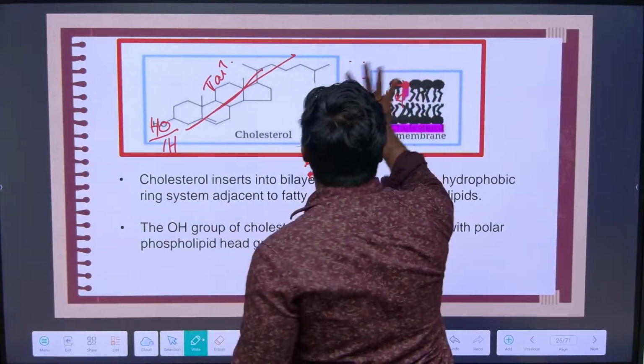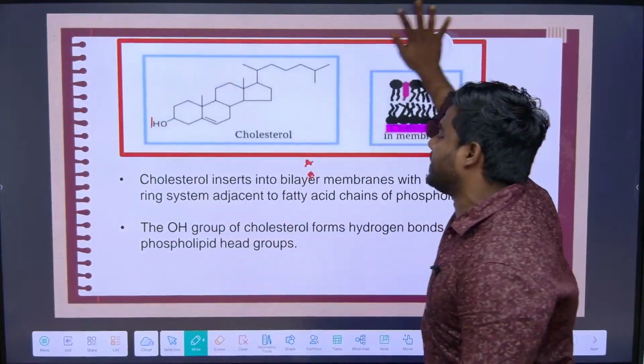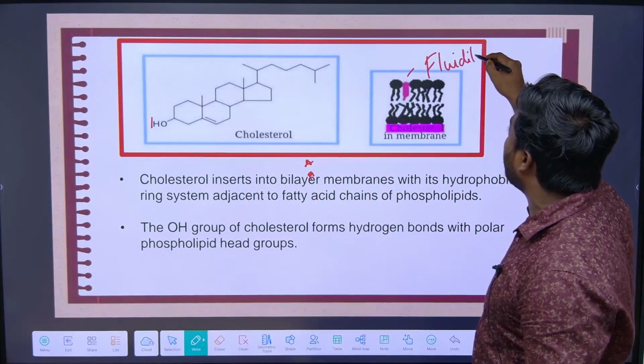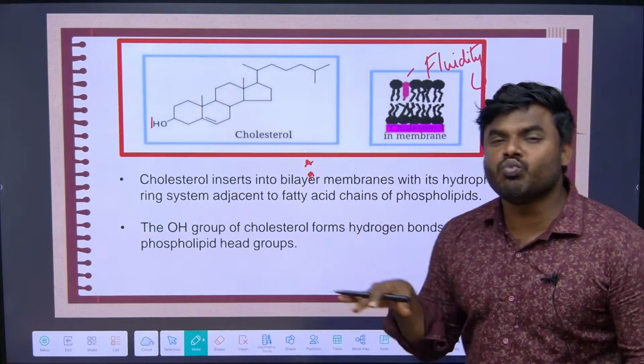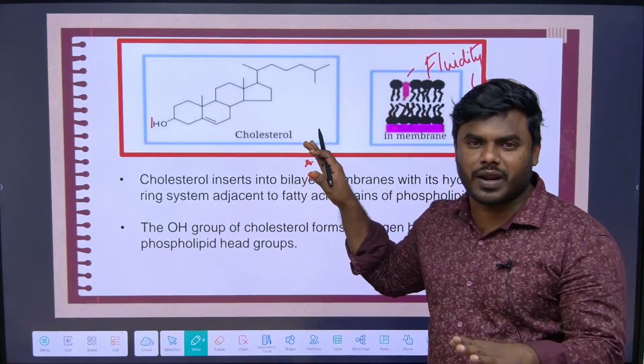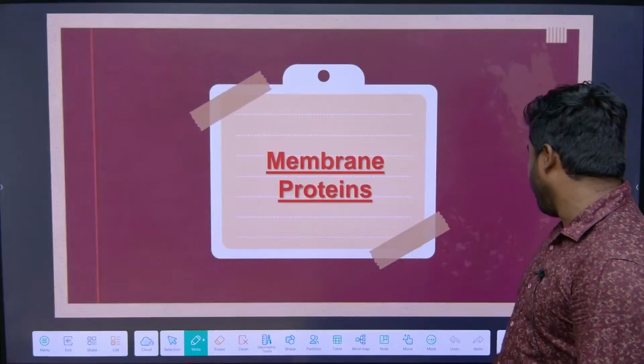What are their functions? We will read in the second part. Cholesterol is majorly responsible for what? The fluidity of the membrane, meaning the movement of the lipids. Lipids have to move continuously on the membrane in order to maintain fluidity.